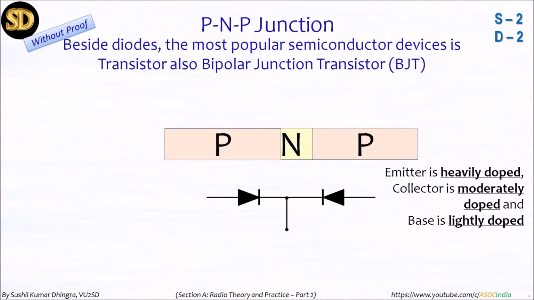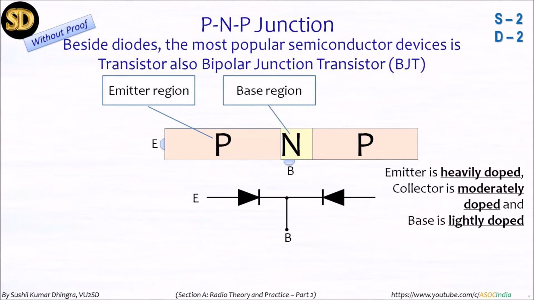So the first one, P, heavily doped, is the emitter region, E. In the center is the base region, narrow and lightly doped, B. And the last one is the collector region, moderately doped, C.